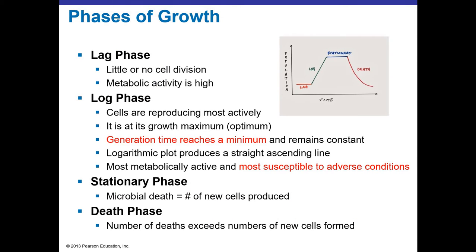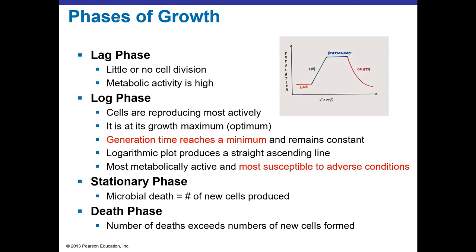So what we've looked at so far is simply the exponential, or what's referred to as the log growth. That was really just a small portion of the bacterial growth curve. If you look at the population over time, we see that everything is going to start out in the lag phase.